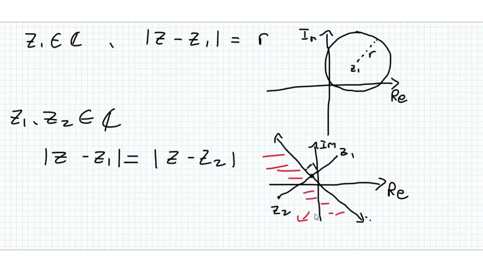Coming all the way out over here. Any points over there, z1 is further away from z than z2 is, so this left hand side will be bigger. Say we want the right hand side to be greater than, well, we want z being further away from z2, so that's just this side of the line.